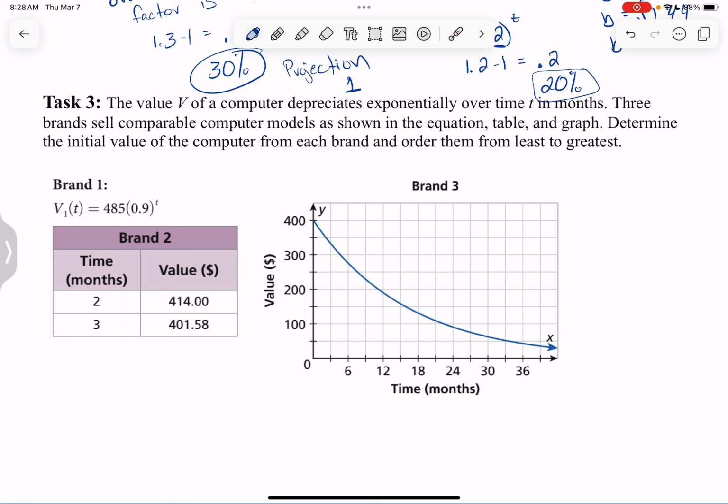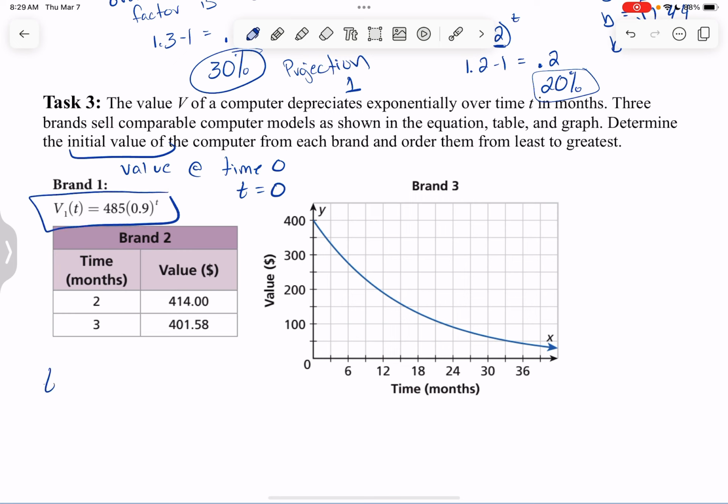So the initial value is the value at time 0, so t equals 0. Well, the first one is an equation, and they give it as v sub 1 of t, meaning the first value.